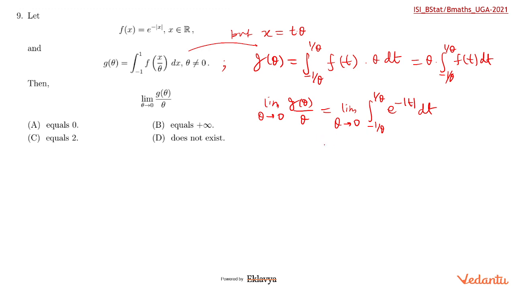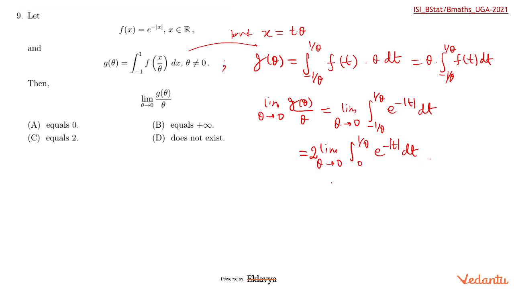This is an even function, so we can first take it as 2 into the integral from 0 to 1 by theta of e raised to the power minus t dt. Alright, because e raised to the power minus mod t is an even function of t. So for an even function from minus a to a, we can write twice the integral from 0 to a. And as for the mod t, theta may be negative also, so we have to check this limit.